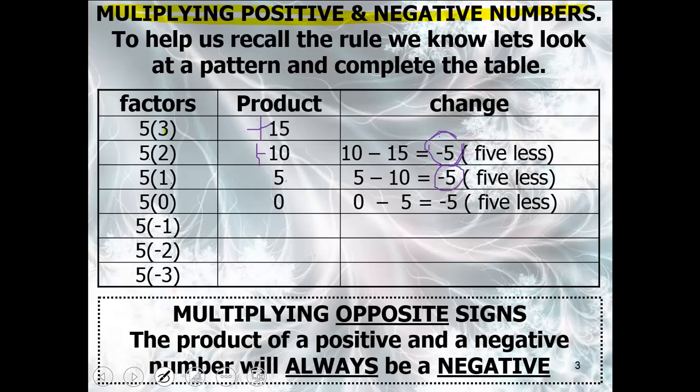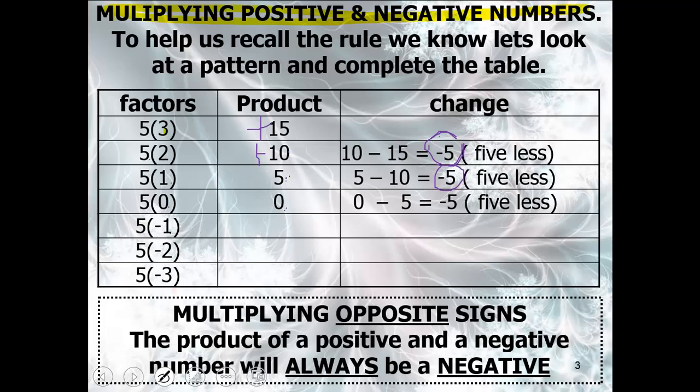But think of it this way. 5 times 1 is 5 less than 5 times 2. We just remembered and reviewed that 5 times 0 is equal to 0. Notice that 0 is 5 less than 5. So now we want to multiply 5 times negative 1.